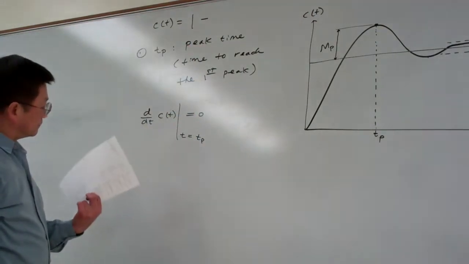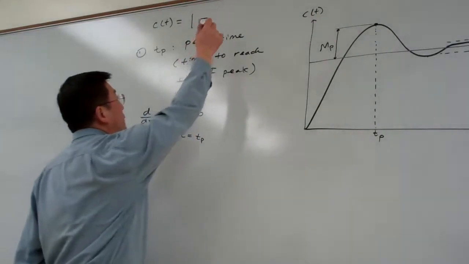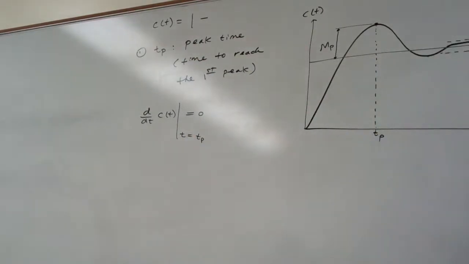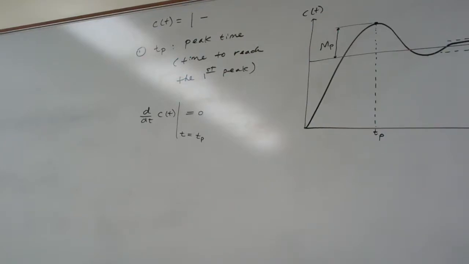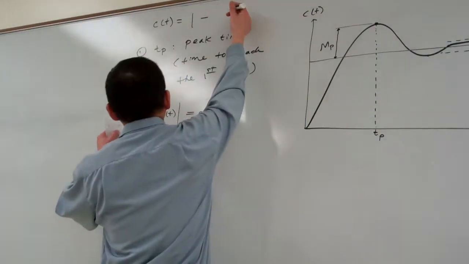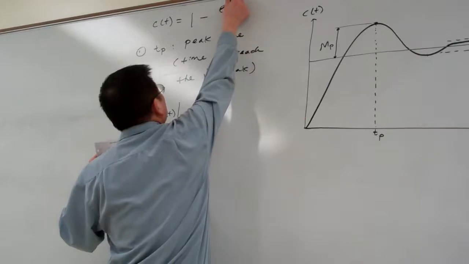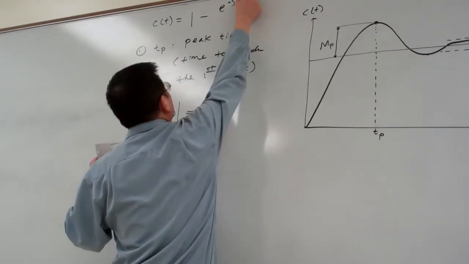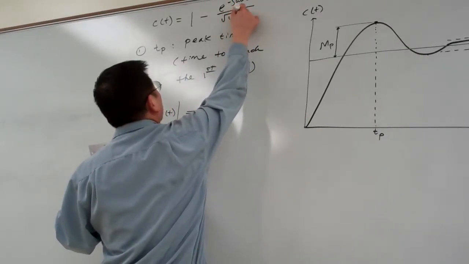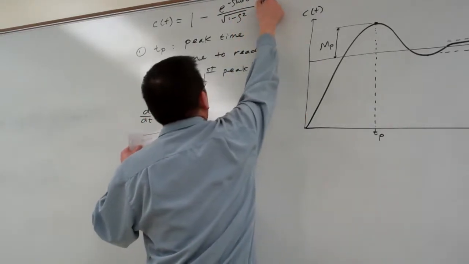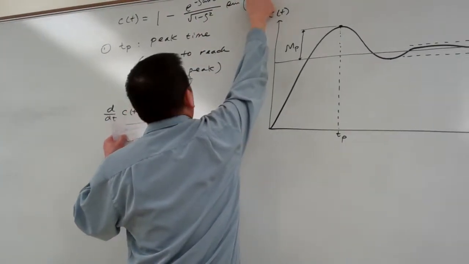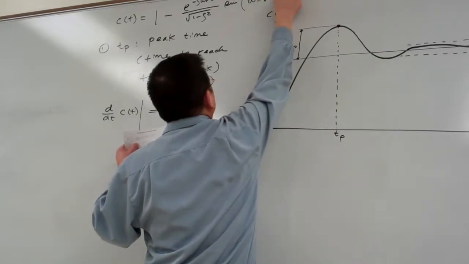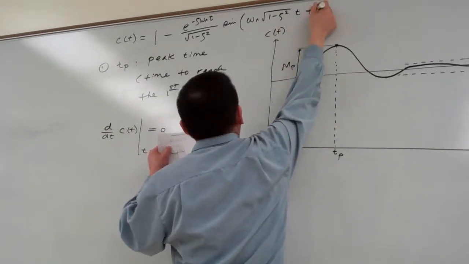I think in your handout you have it, you can take that handout, and our C(t) is equal to e to the minus zeta omega n t over square root of 1 minus zeta squared, sine of omega n square root of 1 minus zeta squared t plus phi.